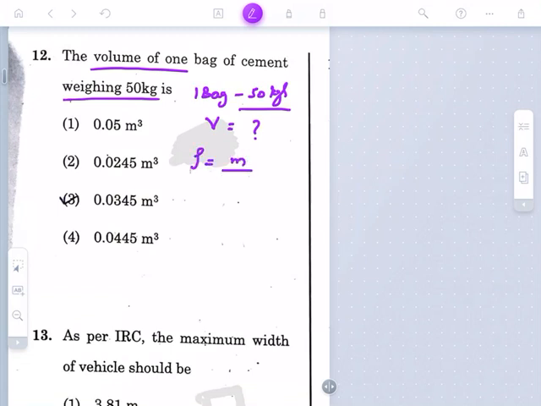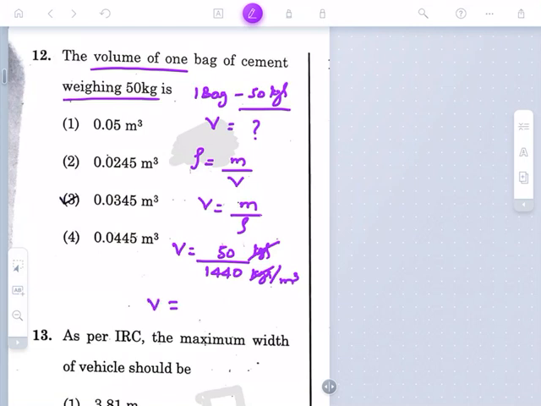See, density is equal to mass per volume, where volume is equal to mass by density. Okay, so volume is equal to the mass in kg, which is 50 kgs, divided by the density of cement, the standard value being 1440 kgs per meter cube, where kg gets cancelled.